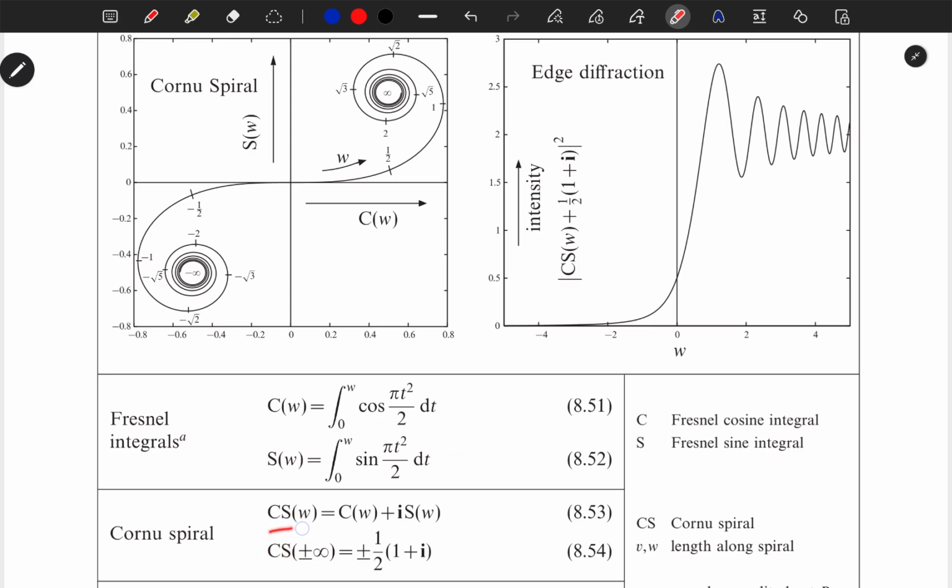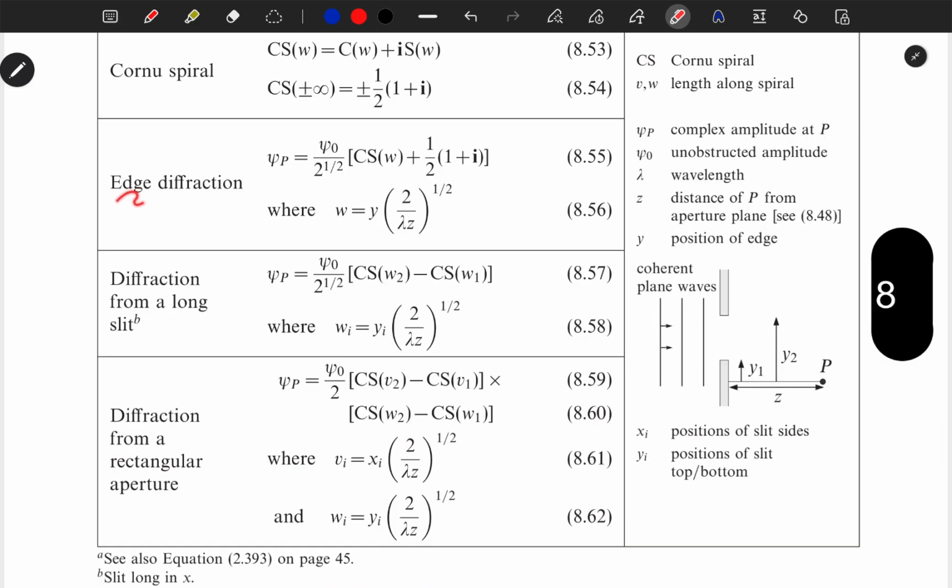Cornu spiral, C(w) plus i S(w), and C(infinity) equal to plus minus half (1 plus i). Edge diffraction, psi P, and diffraction from a long slit. Diffraction from a rectangular aperture is this wave function.